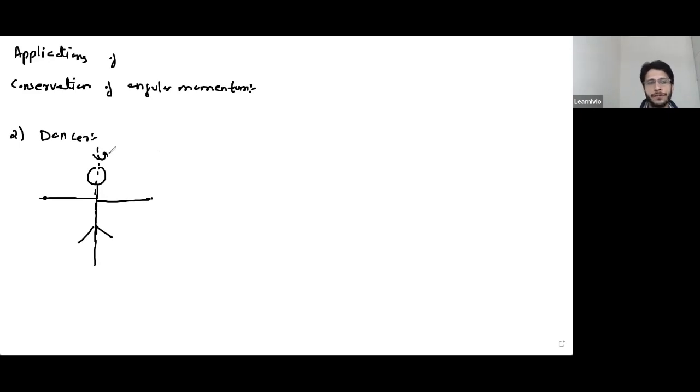While rotating, if this dancer folds his hands, can you guess what will happen with the moment of inertia? Will decrease. So if initially the moment of inertia is I1, finally the moment of inertia is I2. On folding hands, moment of inertia decreases.